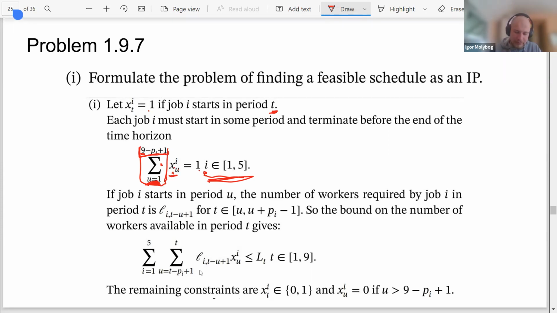If job i starts in period u, the number of workers required by job i in period t is l_i,t-u+1 for t in this interval.